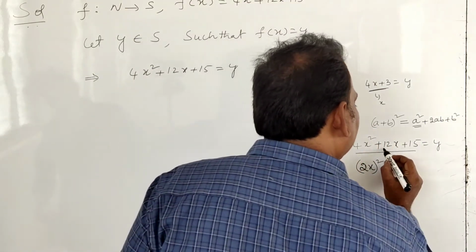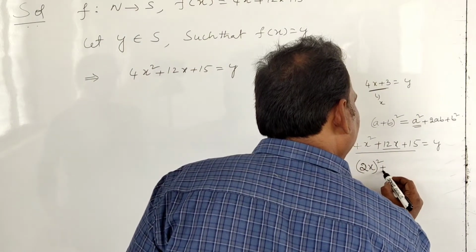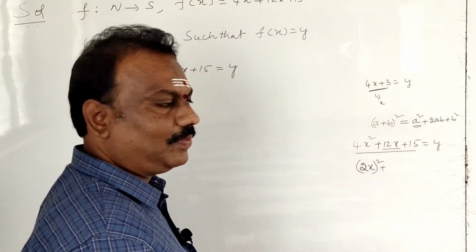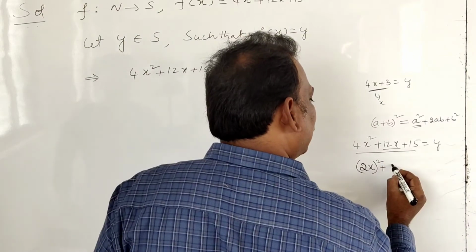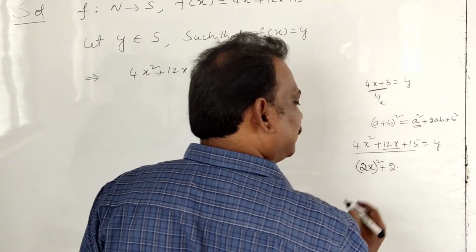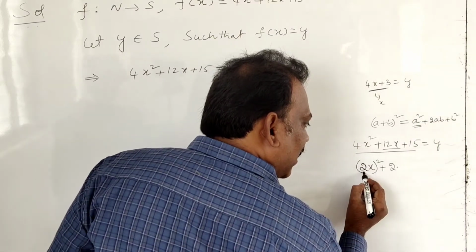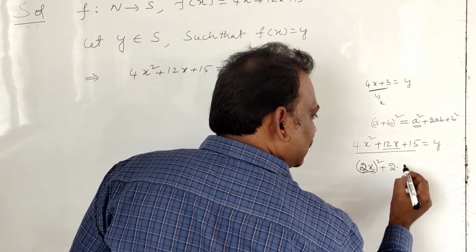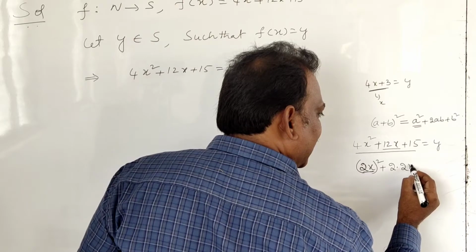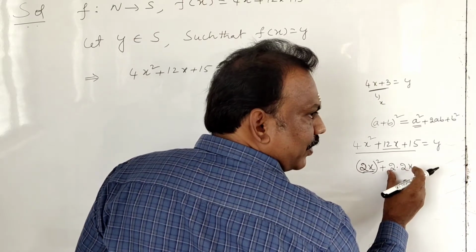Next, the middle term we are bringing into 2ab format. I can take 2 common factor from 12, no problem. 2 after a. Actually what is a here? 2x. So let 2x you write here. 2 into 2, 4x.